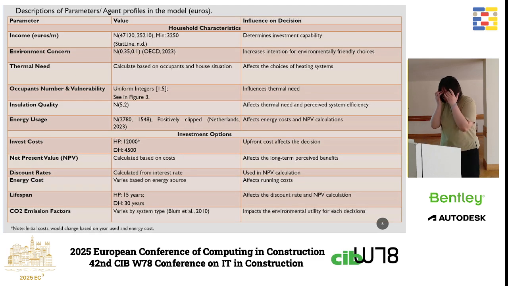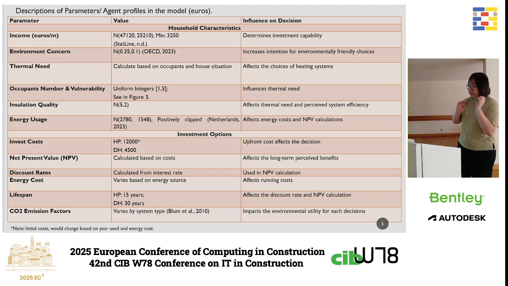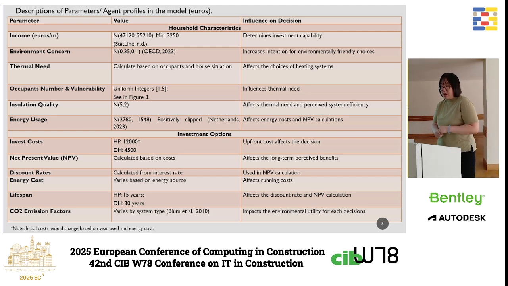So Table 2 details the parameters and agent profiles used in the model. Household characteristics like income and environmental concern play crucial roles in determining investment capabilities and preference for sustainable choices. Thermal need is calculated based on the number of occupants and their health status, while insulation quality affects the preserved efficiency of heating systems.